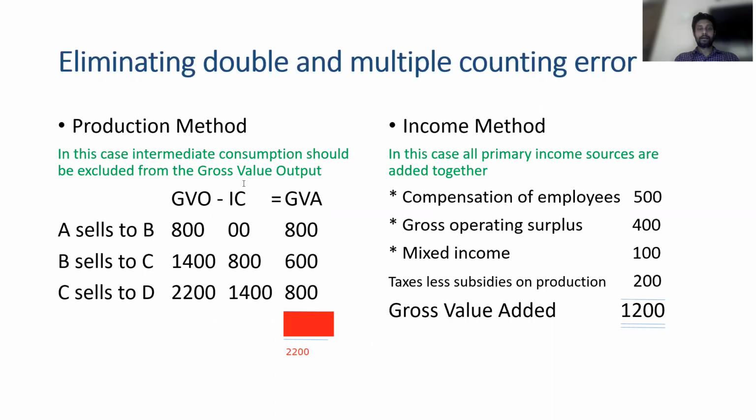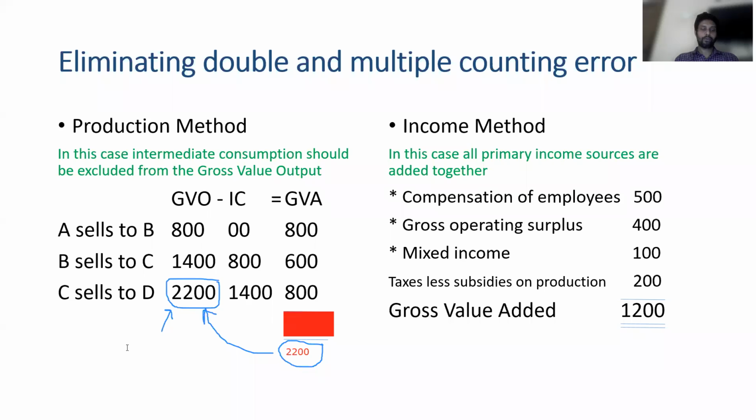Why is that? How can we judge here? 2,200 is the value added. At the same time, the final output is also the same, 2,200. That's why I told you we can use the final output method or else value added. This is the final output.